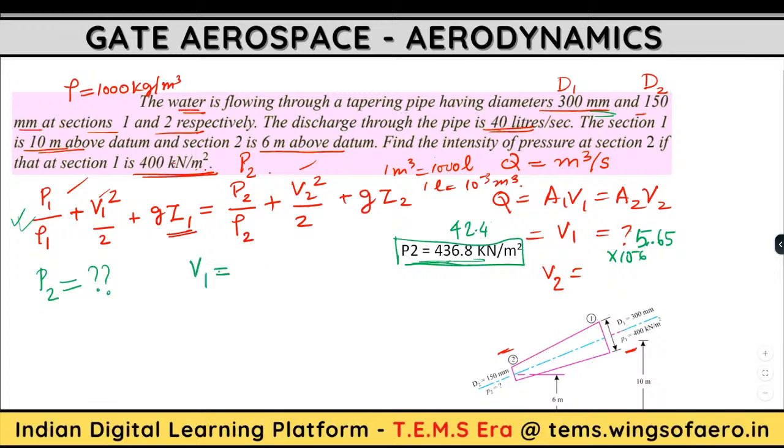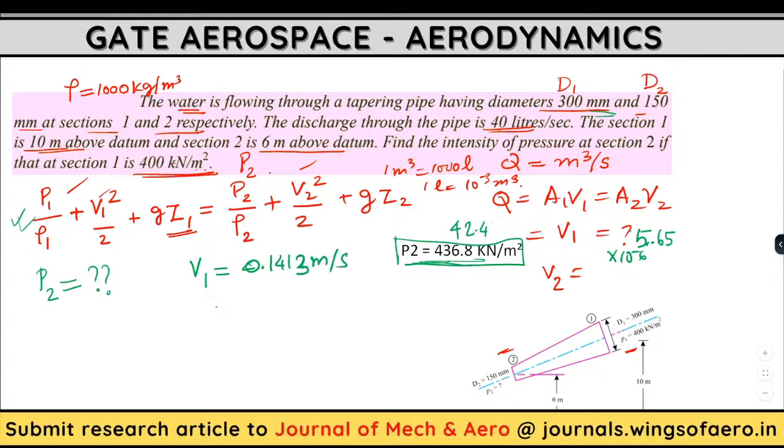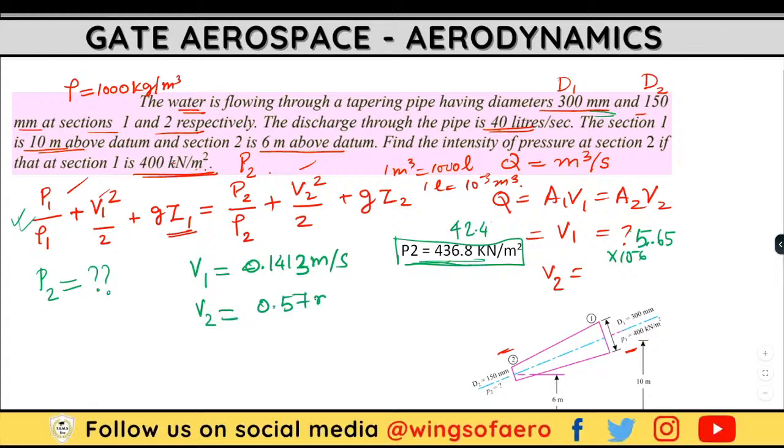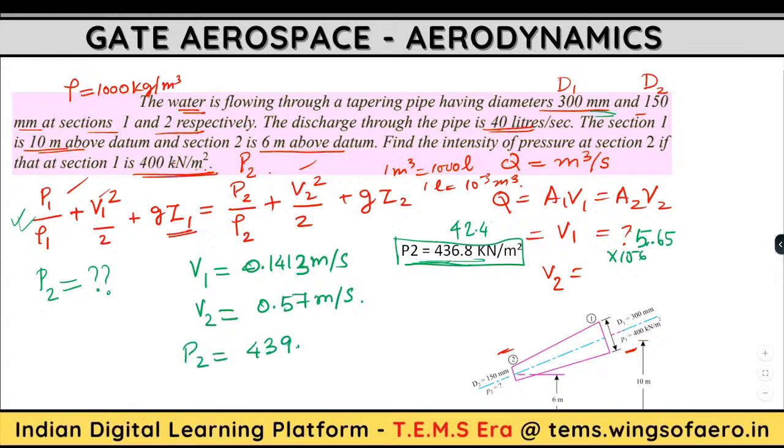V1 is 0.1413 meter per second, V2 is 0.571 meter per second, and finally P2 value is 439.